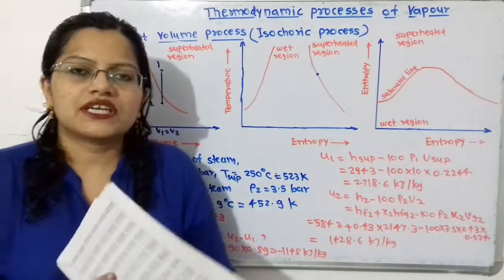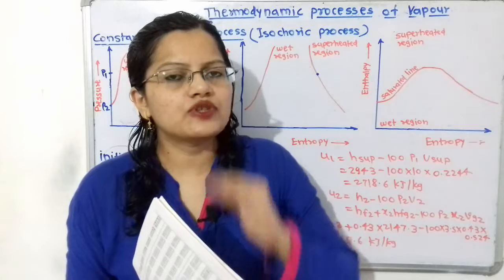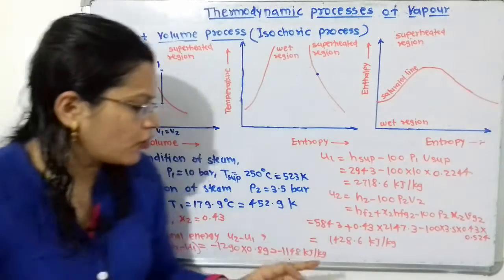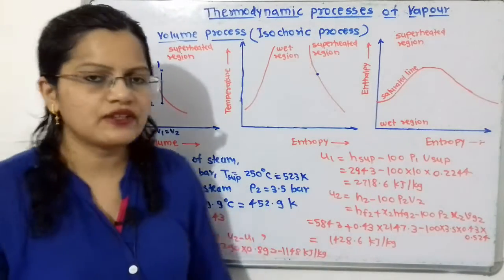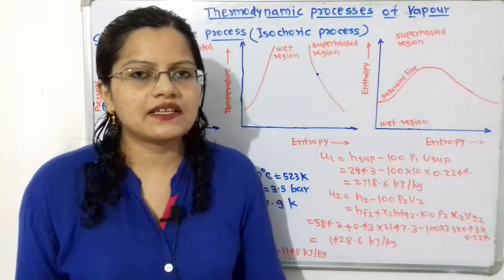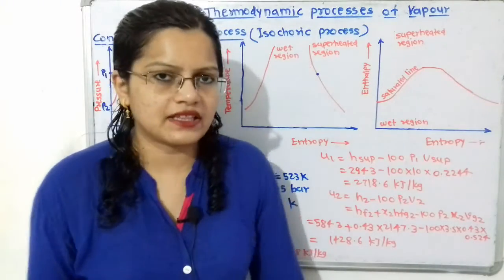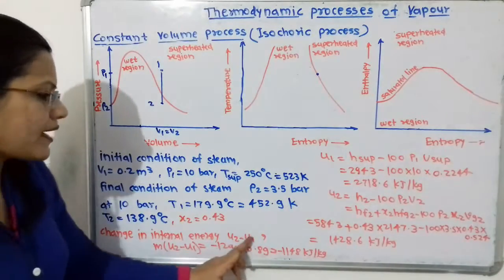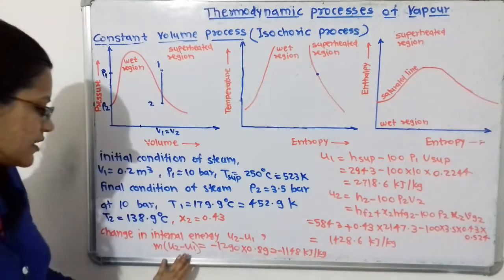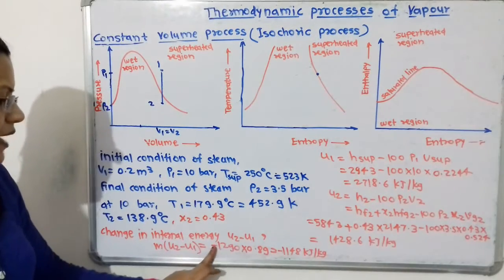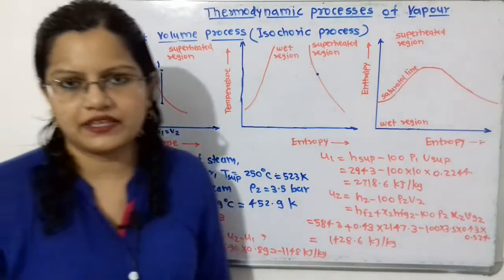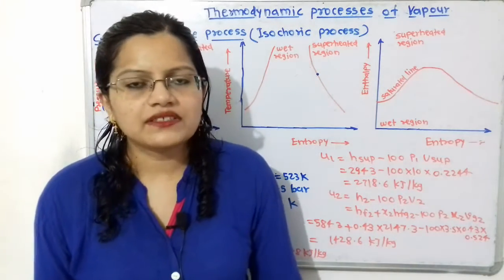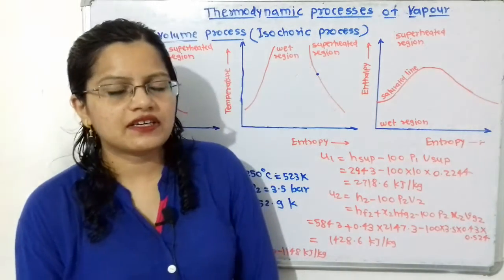Now the change in internal energy, that means U2 minus U1. If we observe, U2 is less than U1, that means there is a decrease in internal energy. So when we calculate U2 minus U1, we will get a negative value, that is minus 1290. Now what is the total change in internal energy?